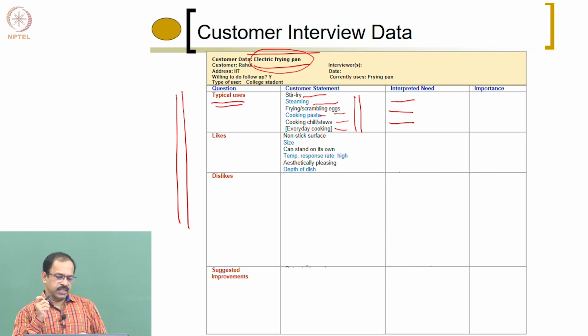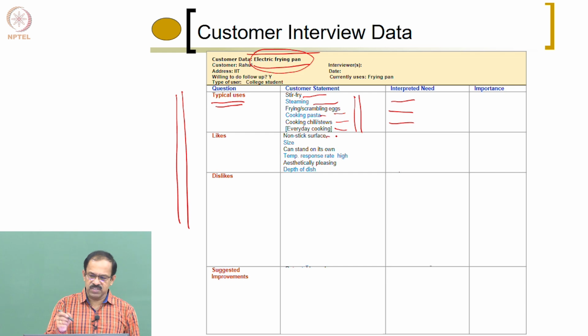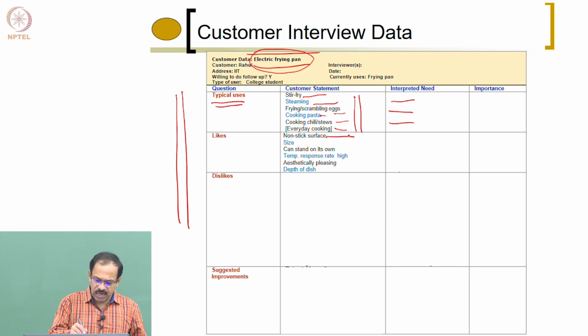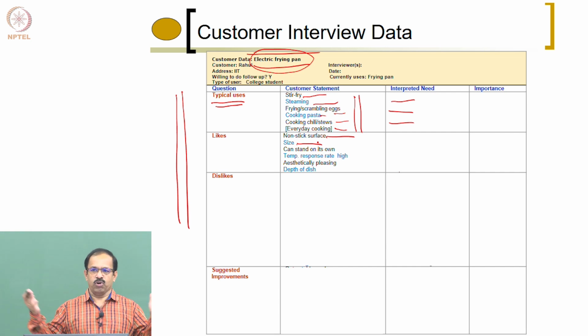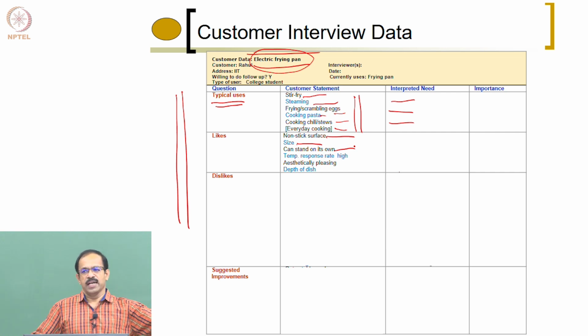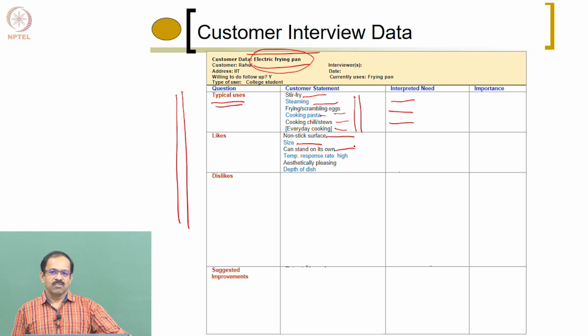And he says that non-stick surface is something which he likes very much, because it has got a non-stick surface, and therefore it does not stick onto the pan, and it is very good quality, so he likes it. And the size also he likes. It's very compact and it's not very huge, and then it can stand on its own. Very interesting thing. Basically it says that I can just keep it there, it won't tilt or topple. So that is something which the customer likes.